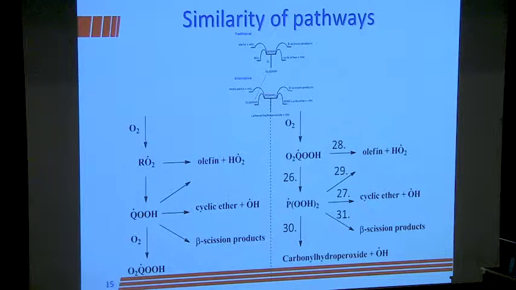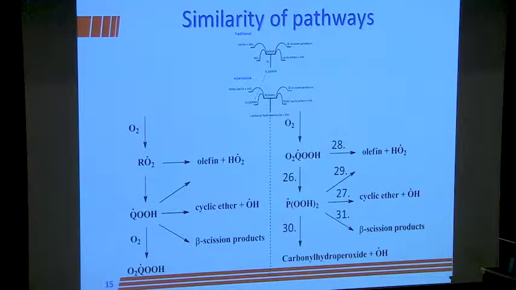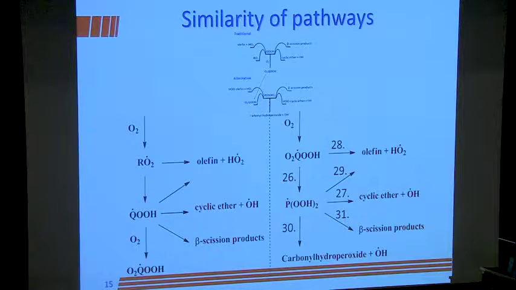So if we now come down here to this part, this QOOH can add to molecular oxygen, giving us a peroxy hydroperoxy alkyl radical. Okay? But this species, the same as an RO2, could give you an olefin plus HO2. Right? I'll show you a schematic in a minute.